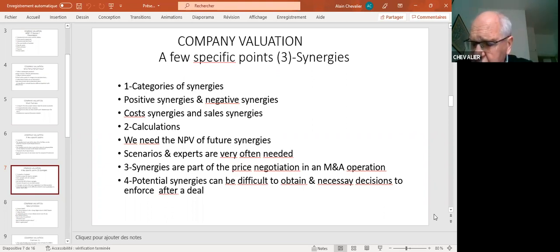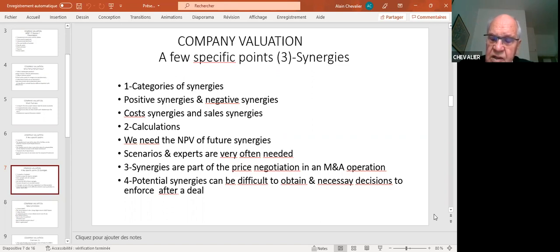And then you also have the calculation of the weighted average cost of capital, which is the new one of the company resulting from the merger, and has to take into account the new financial structure. And the new financial structure is, in many cases, not completely known at the time of the announcement of a merger. So you also have a kind of instability at this level, which means you should make scenarios and sensitivity analysis.